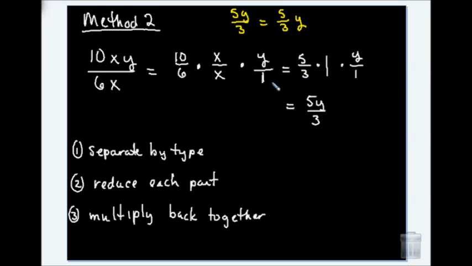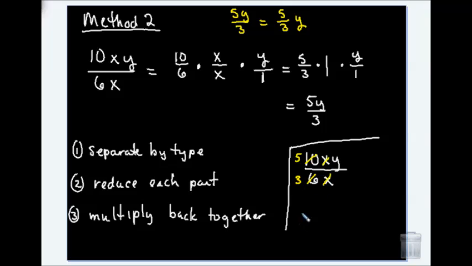So this is just another method. I would say most people like method 1 better, but some people like method 2 better. It's just two different ways to look at it. Now, method 3 is to just look at it all together like this and say, okay, 10 and 6 both divide by 2, and then the x's are going to cancel.